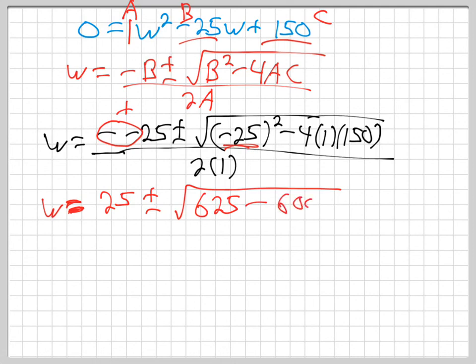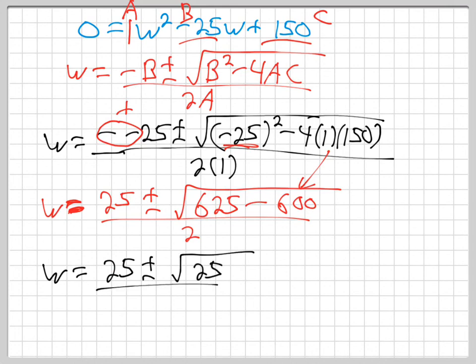600, all over 2. This comes out to 25. So that is 25 plus or minus the square root of 25, all over 2. And so that cleans up to be 25 plus or minus 5 over 2, right? The square root of 25 is just 5.